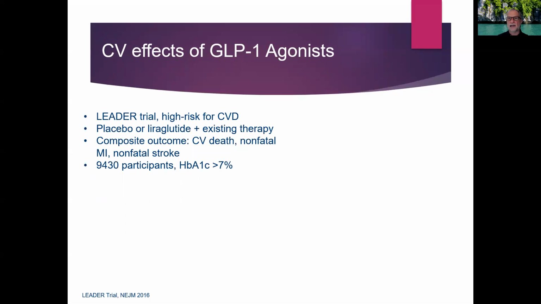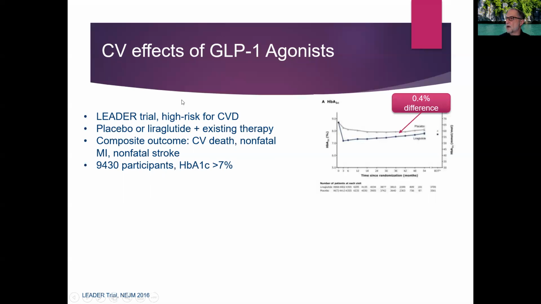But most importantly, there are substantial cardiovascular effects of GLP-1 agonists. This is the LEADER trial. These are patients at high risk for cardiovascular disease who were randomized to receive placebo or liraglutide on top of whatever their existing therapy was, and the outcome was a composite outcome of cardiovascular disease or death. There were 9,000 participants in this study.